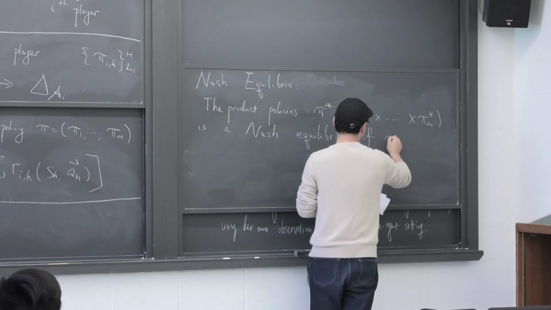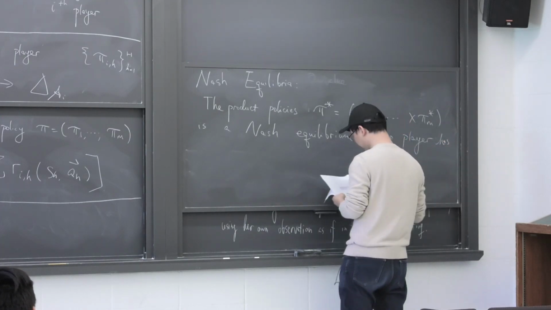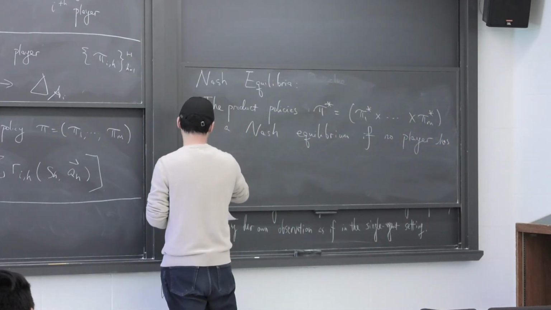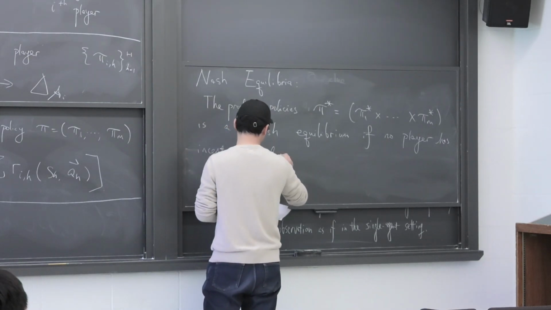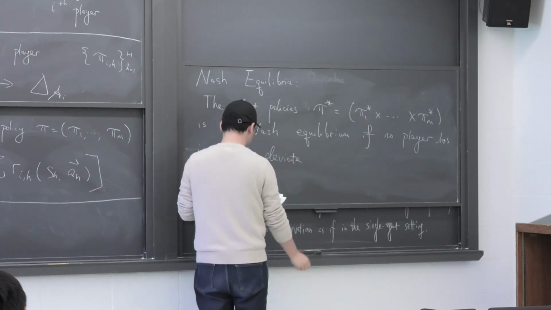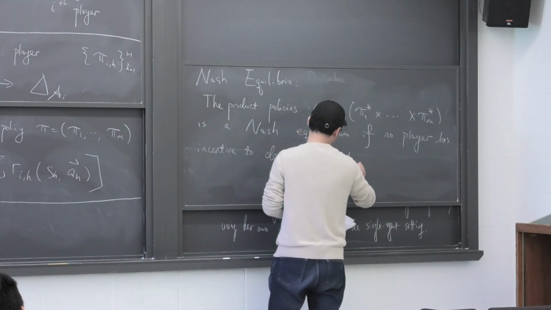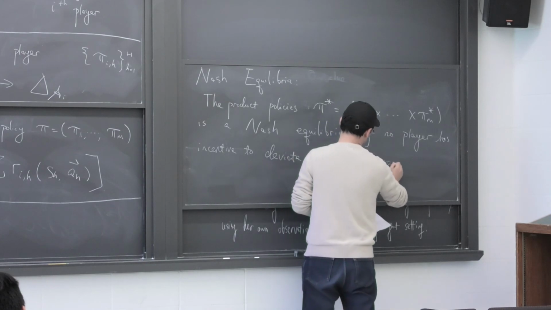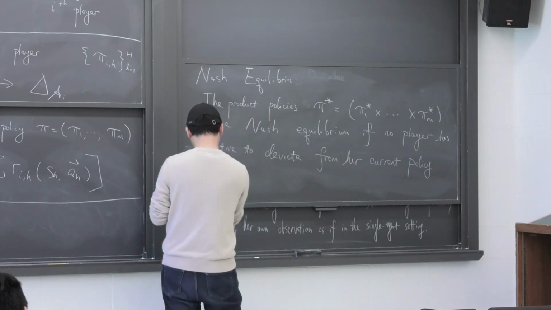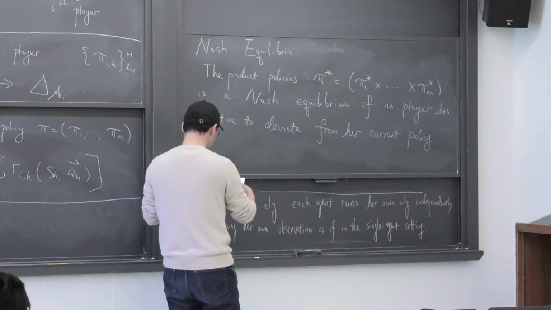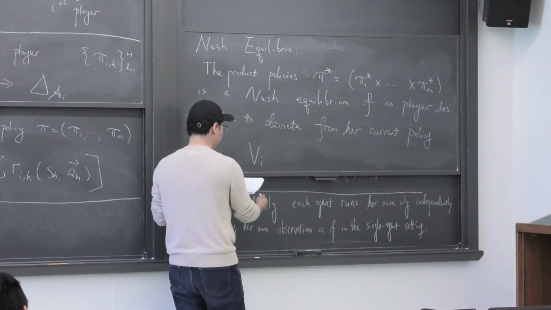if no player has incentive to deviate from her current policy. In which sense, in the math, we can say we have a value for the ith player.